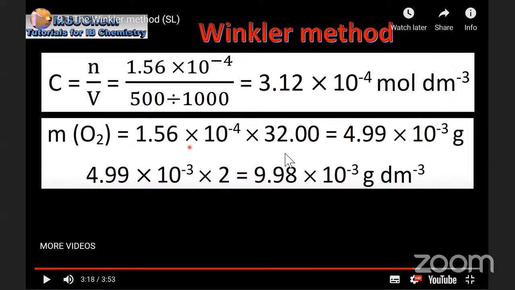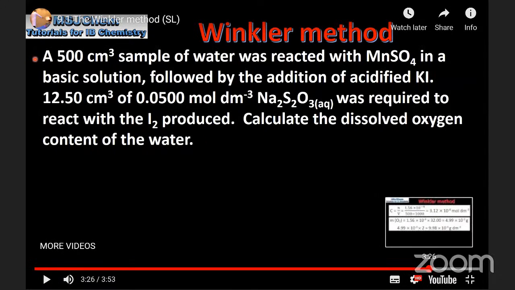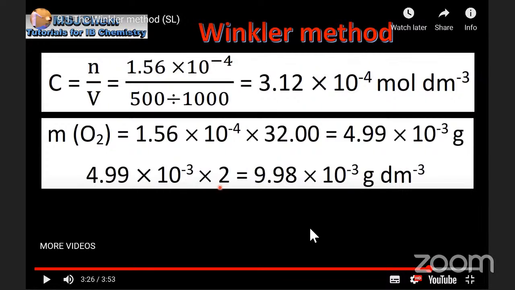The concentration must be in 1000. Earlier we used 500, so to make it 1 dm cubed you have to times 2. You will get this as the answer.